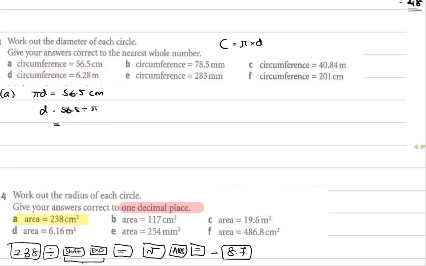Whole number. So we just need to find the whole number here. A is 18.